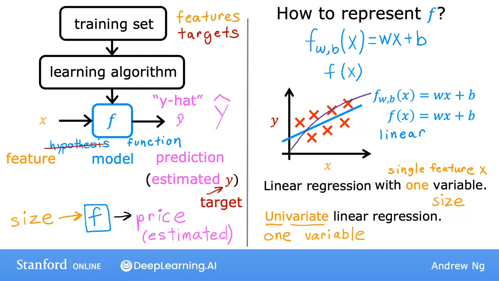So univariate is just a fancy way of saying one variable. In a later video, you'll also see a variation of regression where you want to make a prediction based not just on the size of a house, but on a bunch of other things that you may know about the house, such as the number of bedrooms and other features.